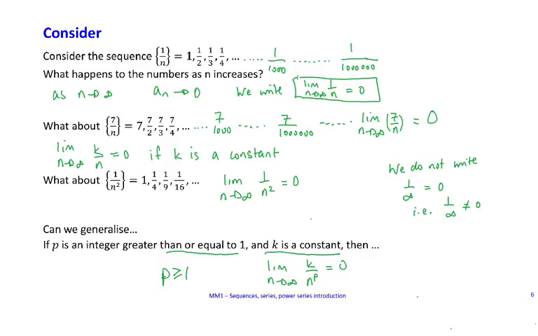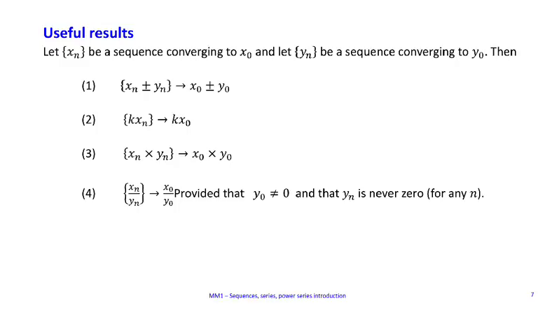So we're ready to turn the page. Okay, there are some useful results. Let x_n be a sequence converging to x naught, and let y_n be a sequence converging to y naught. Then, these are just useful results that you might want to use later. The sequence x_n plus or minus y_n will go to x naught plus or minus y naught.